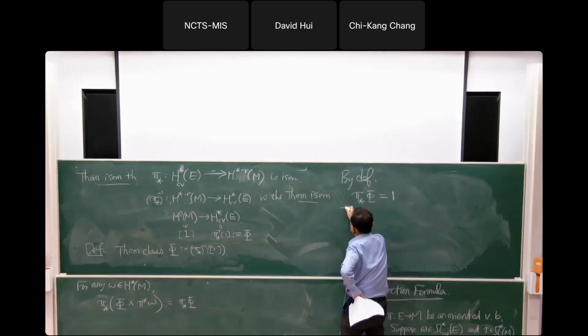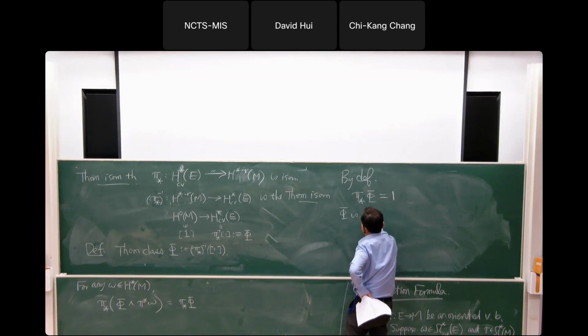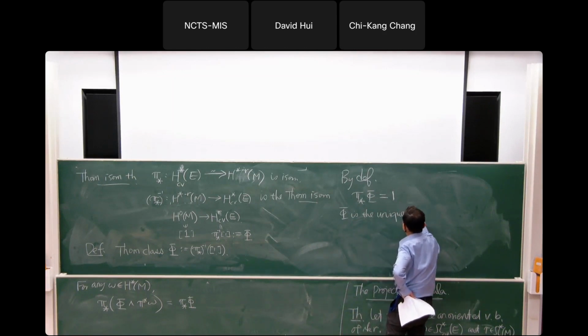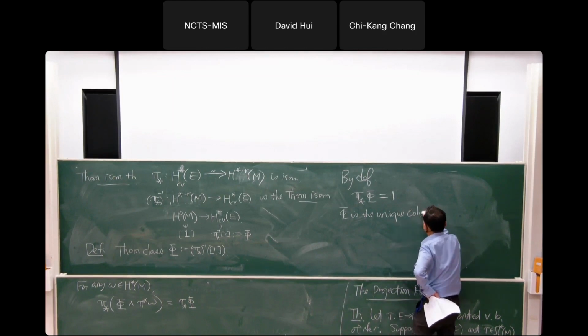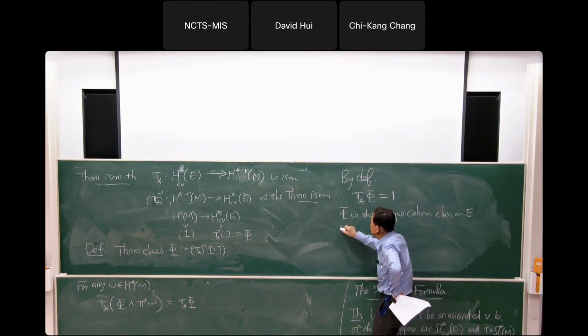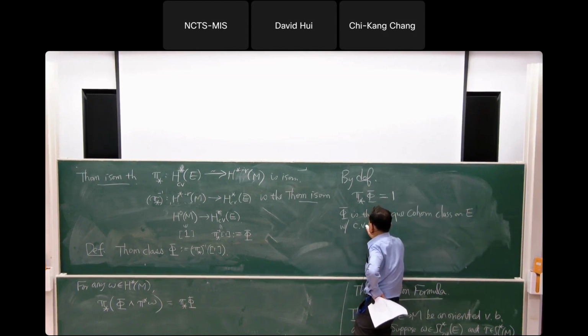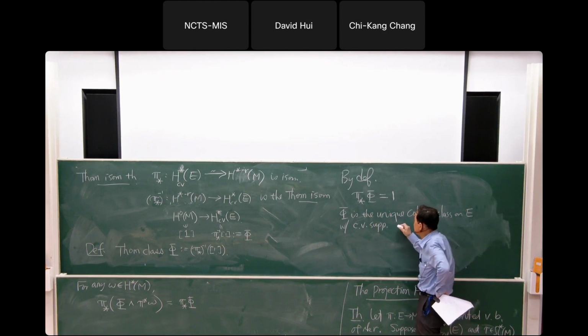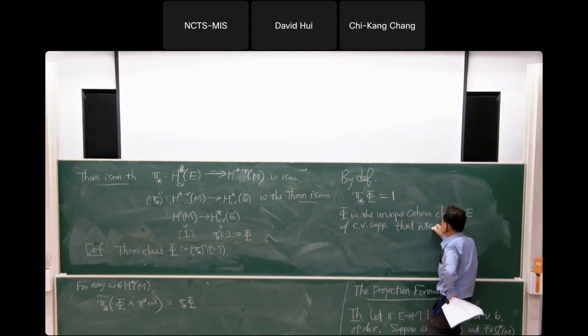So the Thom class is the unique cohomology class on E, okay, with compact vertical support that integrates to 1 on each fiber.